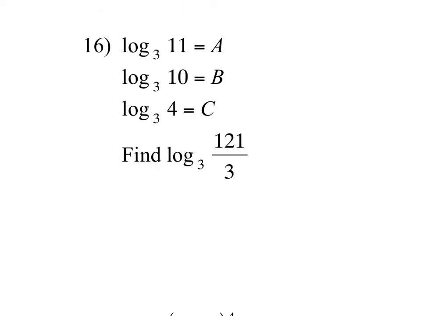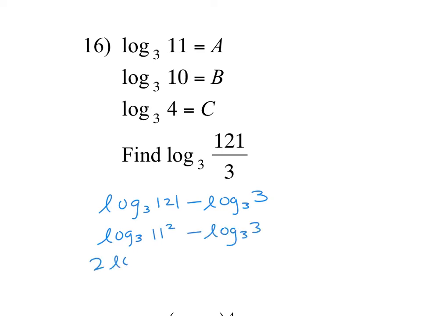Here's another example. The idea is similar, but now instead of knowing the values of these logs, we now just have them labeled as variables. But the way that we start is still going to look the same. We're still going to start by expanding. And so I again see that I can use the quotient property here. And now I also notice that 121 is the same thing as 11 squared.